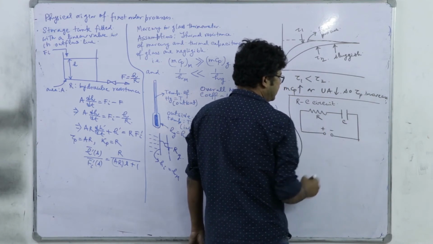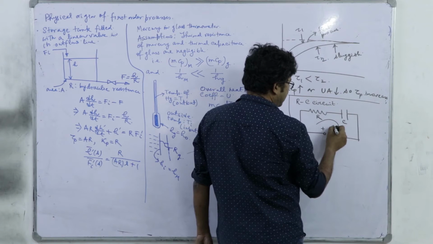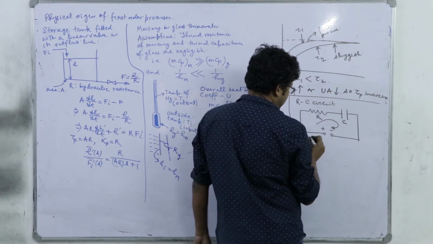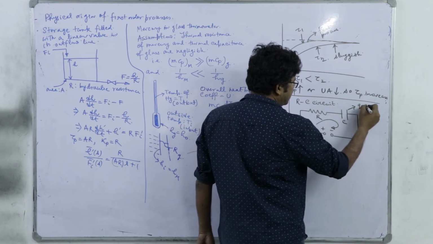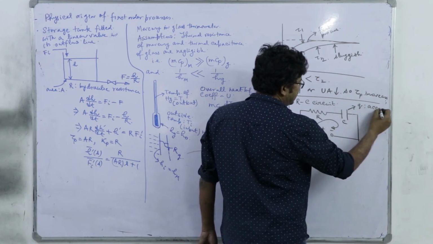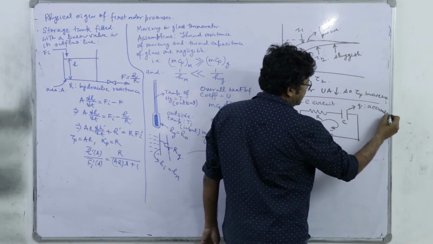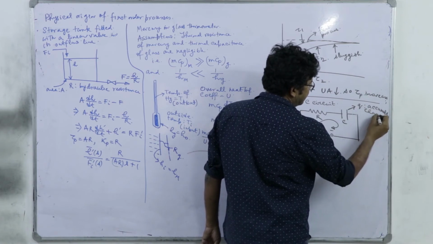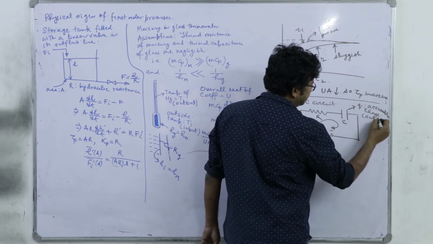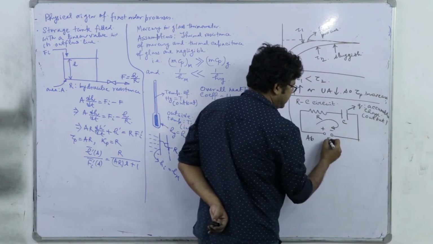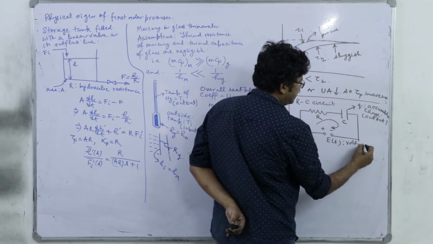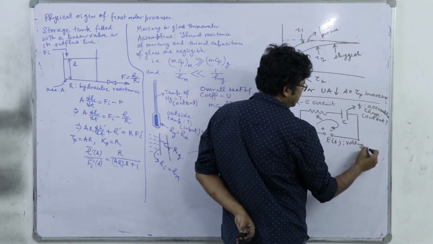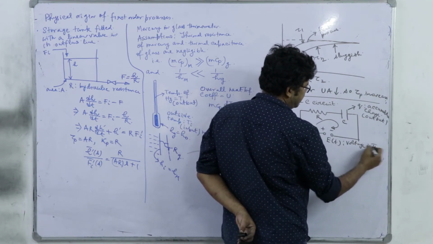Resistance is R, capacitor is C. Now the accumulated charge is Q, the output, say this is E(t), the voltage is the input.